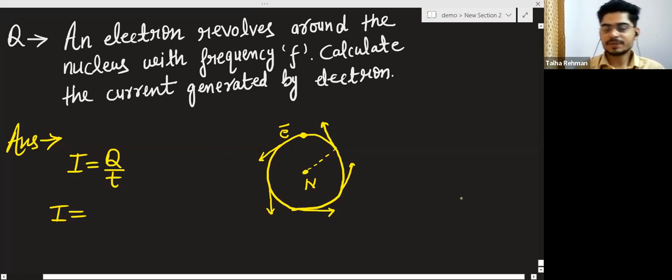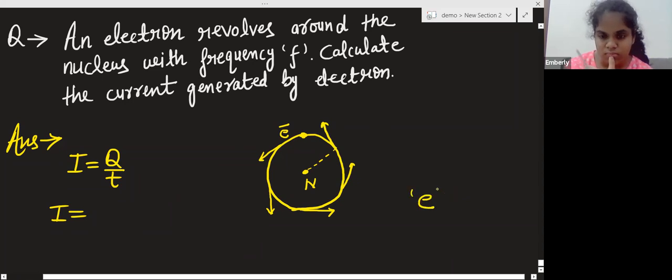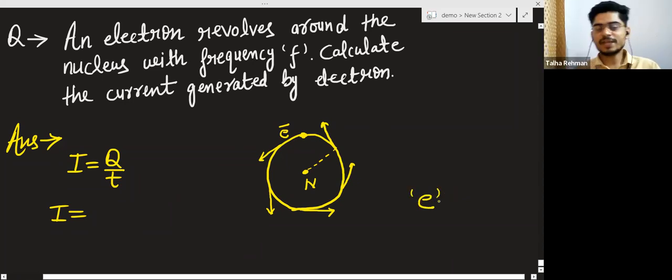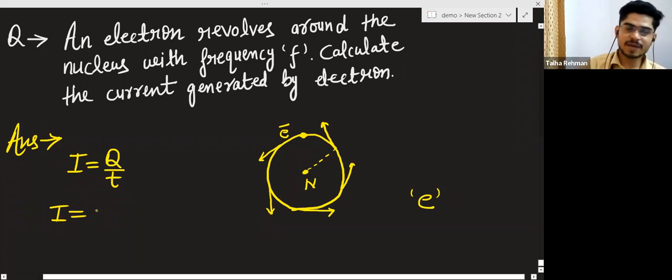Now I am representing charge on electron as E. I am just calculating the magnitude. You can write this charge as minus E also, because charge on proton is also E. Same charge is on proton, 1.6 into 10 to the power minus 19. And what about the time?